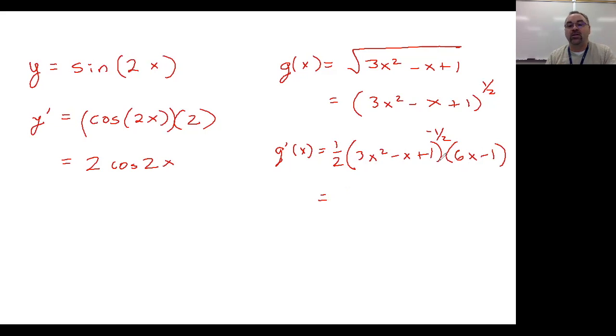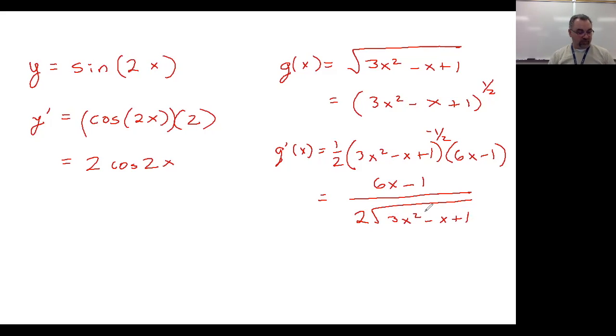And so if I'm going to clean this up, and I really should do a little cleanup here, 6x minus 1 is in the numerator, 2 square root 3x squared minus x plus 1 is in the denominator. Again, chain rule says, look, you have to pay attention to that inside function.